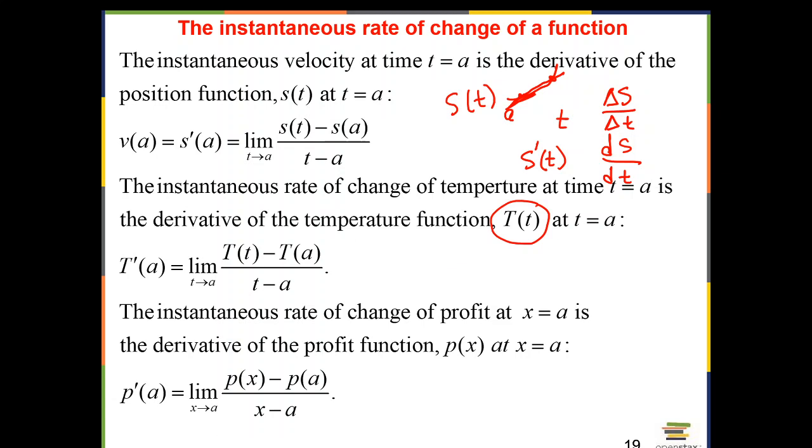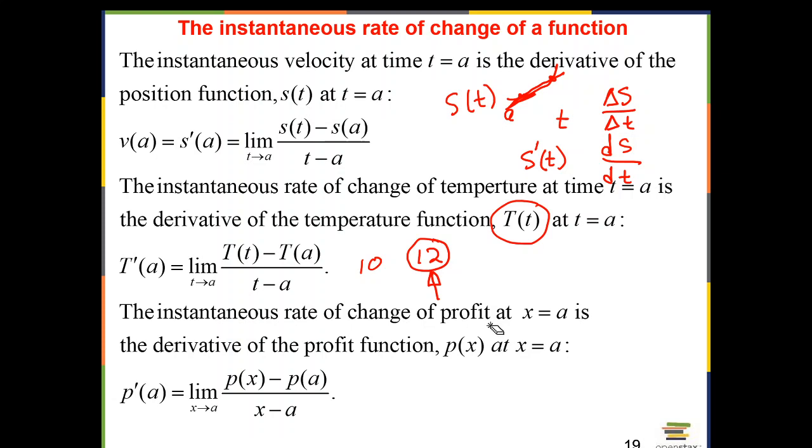That would be T prime at 12 p.m., right? But you can say, what's the average temperature increase from, let's say, 10 a.m. to 12 p.m., right? In 2 hours. That would be the average rate of temperature changing. But if you want to know how the temperature is increasing or changing at 12, that would be the instantaneous rate of change of temperature.